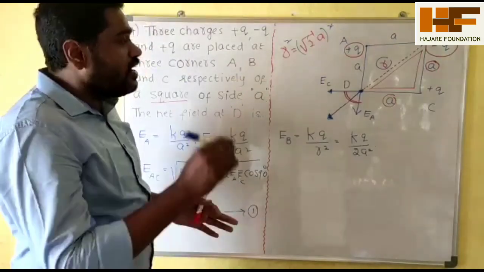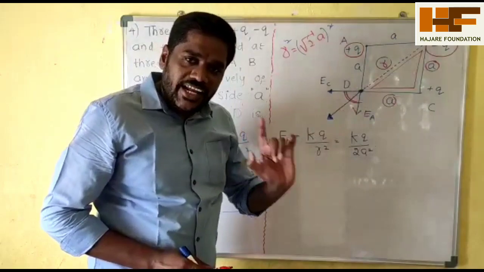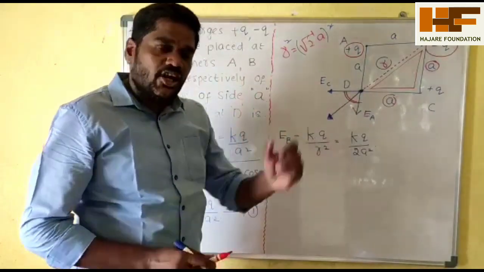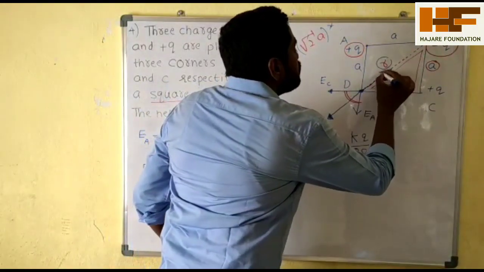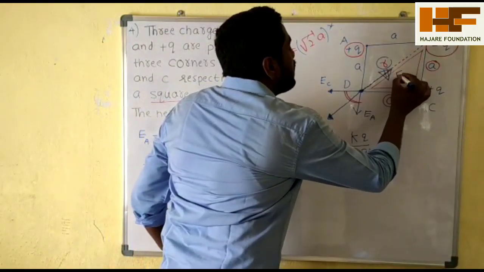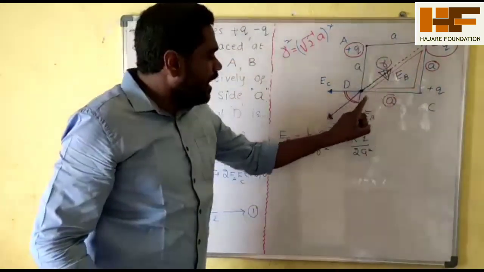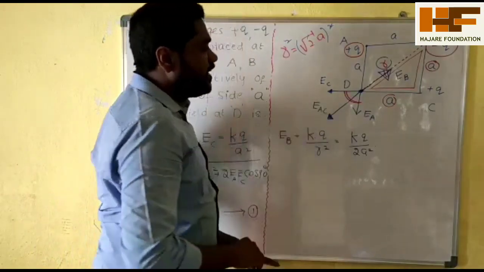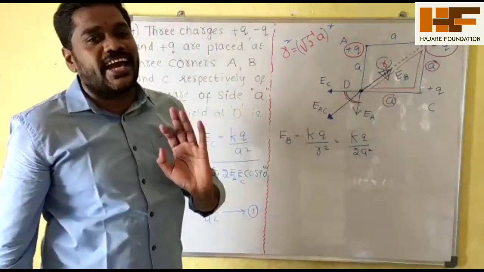But what is the direction? Let us decide the direction. Is this a negative charge or positive charge? Negative charge. For a negative charge, many times I told you, the field is towards the charge. Therefore now the electric field is towards the charge. This is EB, closely observe, and this is EAC, the resultant of A and C. Now if you observe, EB and EAC are both in opposite directions.